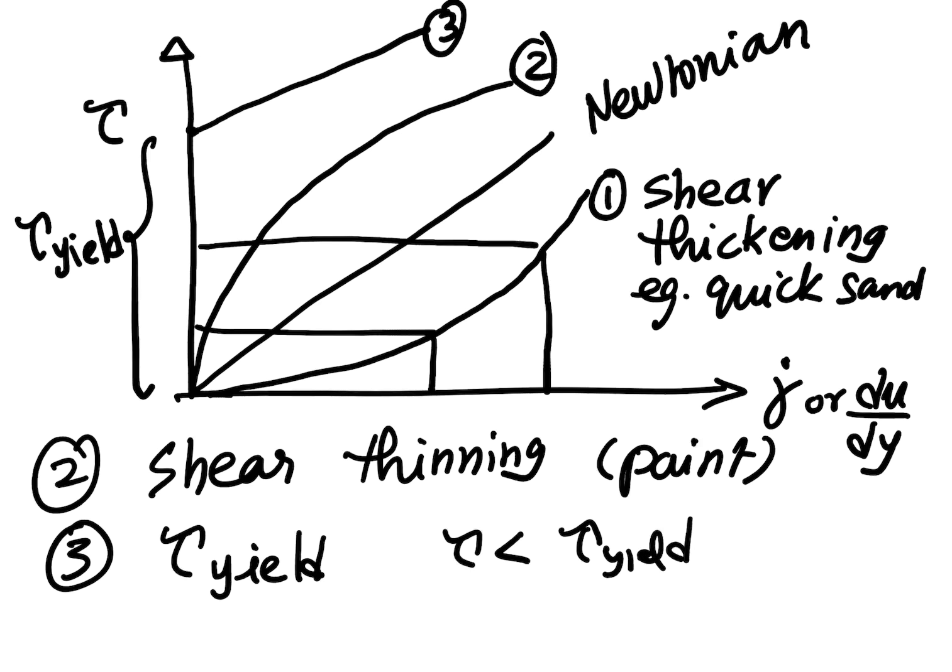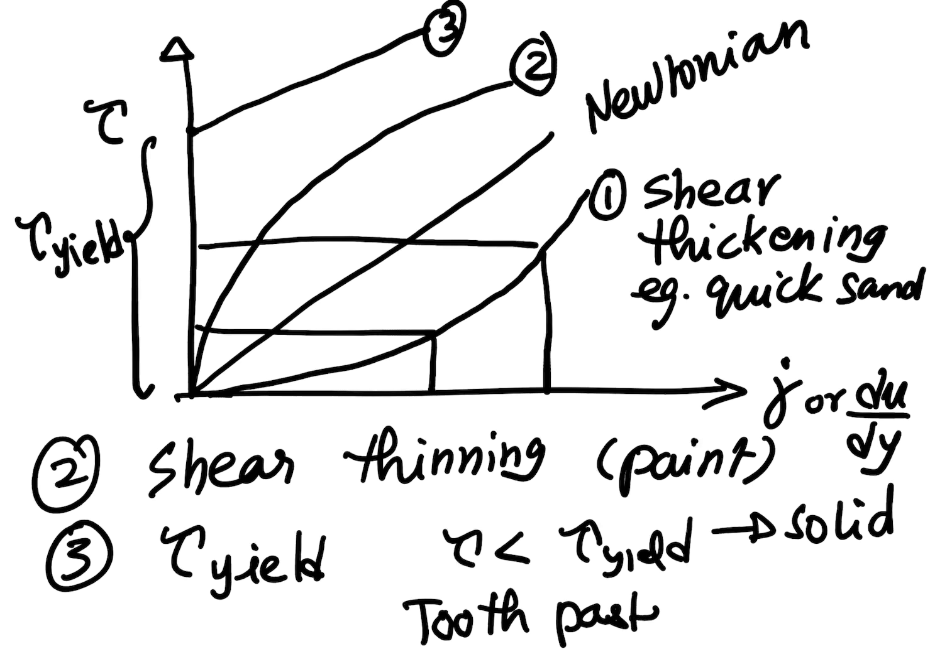So for tau less than tau yield, it will behave like a solid. A very common example for that is that of toothpaste. If you just put it on your toothbrush and leave it there, it will retain its shape for a long time. But the moment you start brushing it, it deforms and becomes like a fluid. So that's an example of a fluid, and the name given to that is Bingham plastic.